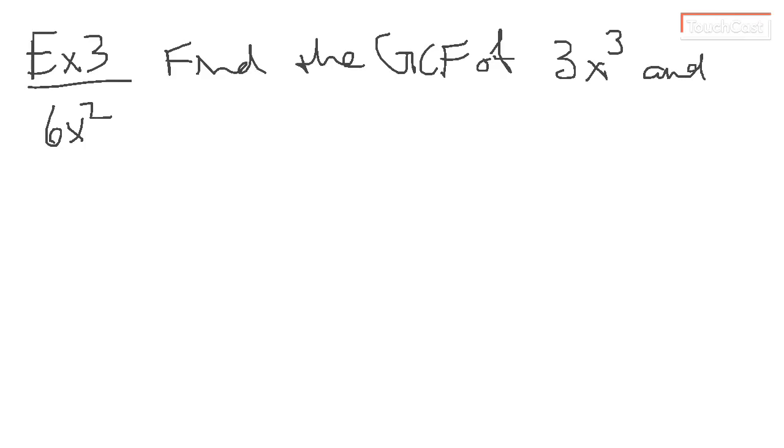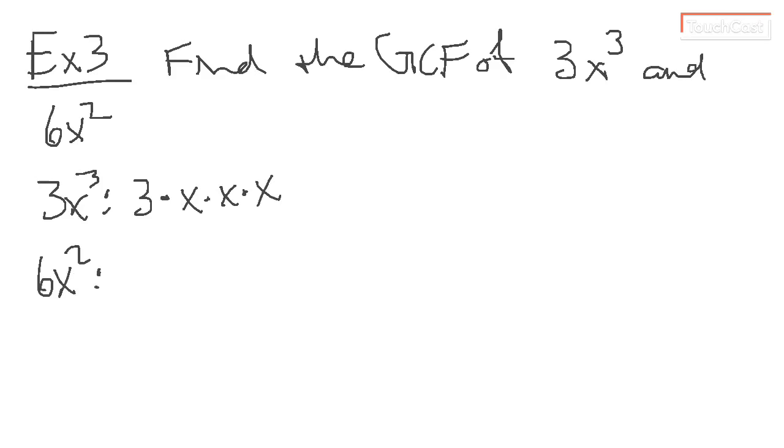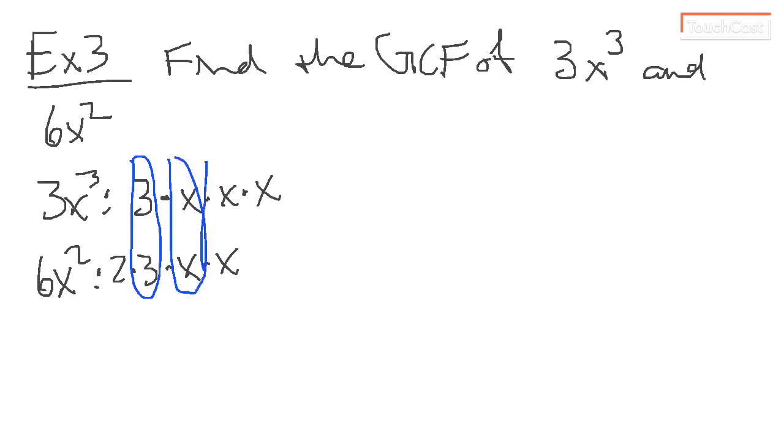Well, what I'm going to do is rewrite this as the prime numbers that make up both terms, and then I'm going to break the variables up. So for 3x cubed, I'm going to break it up into 3 times x times x times x, and then for 6x squared, I know 6 is 2 times 3, and x squared is x times x. So I notice that both have a 3, and both have 2 x's.